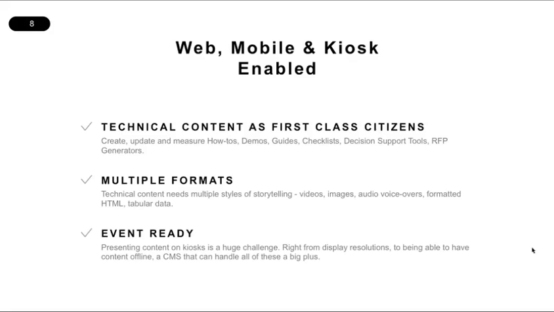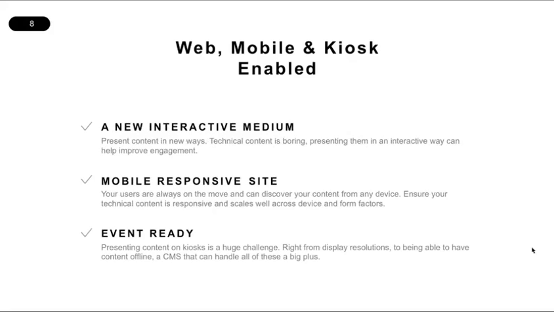The second piece we're talking about is web, mobile, and kiosk enablement, which is to provide your users with a new interactive medium, presenting content on the web in a very interactive way. Technical content is kind of boring by default.